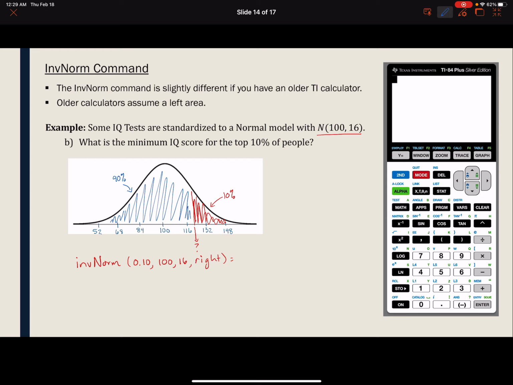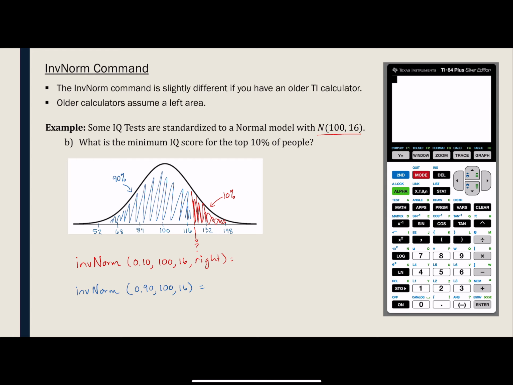So for the newer calculator that automatically does left, we're going to go to inverse norm, and instead of using 10%, we're going to use 90%. And again, there's no position to write here because it's automatic.